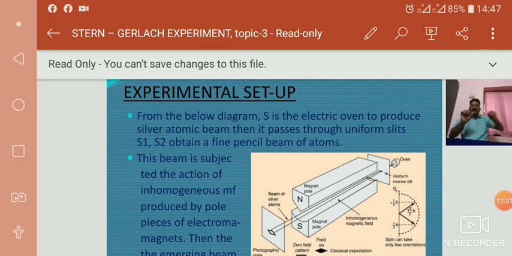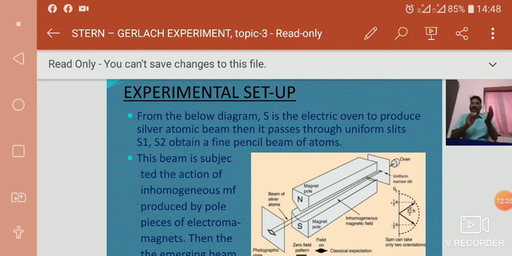Then the beam is deflected from the actual path of the silver atomic beam. Therefore, this is like a loop. Hence, in an inhomogeneous magnetic field, the single strip can be resolved into a double strip. Due to the variation of the magnetic field, the momentum of the silver atom changes in the magnetic field.